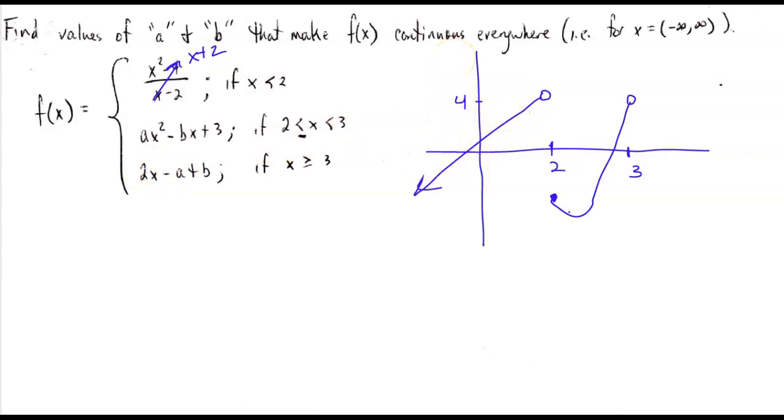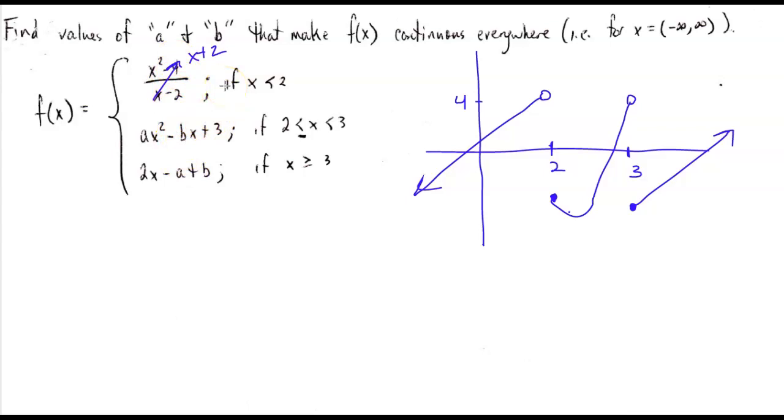But of course it's going to start when x is equal to 3, and let's just say for example that the line ends up looking like this. Okay, so what we see here is an example of what this particular piecewise function could possibly look like.